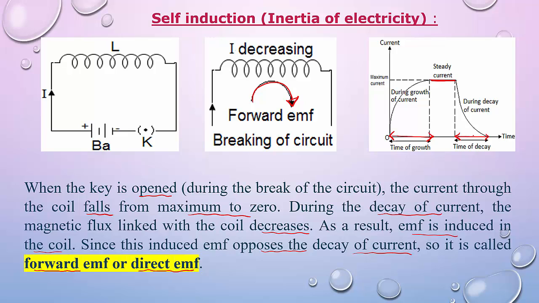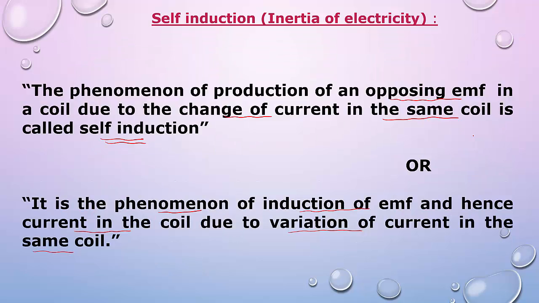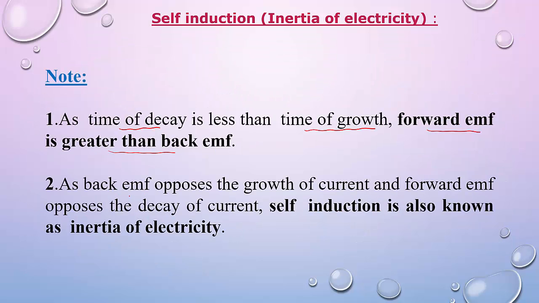It takes more time to increase the current, but it takes less time to decrease the current. Time of growth is greater than time of decay, so that forward EMF is greater than back EMF. Right? Then second point, as back EMF opposes growth of current, forward EMF opposes decay of current.